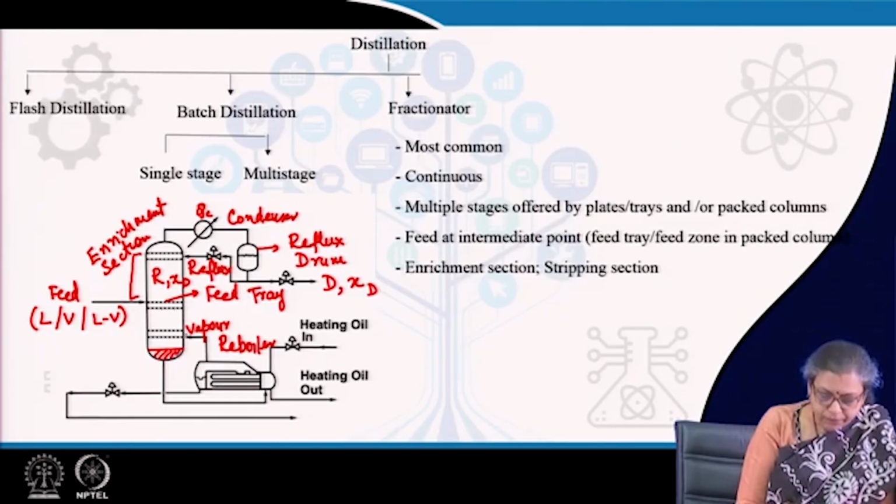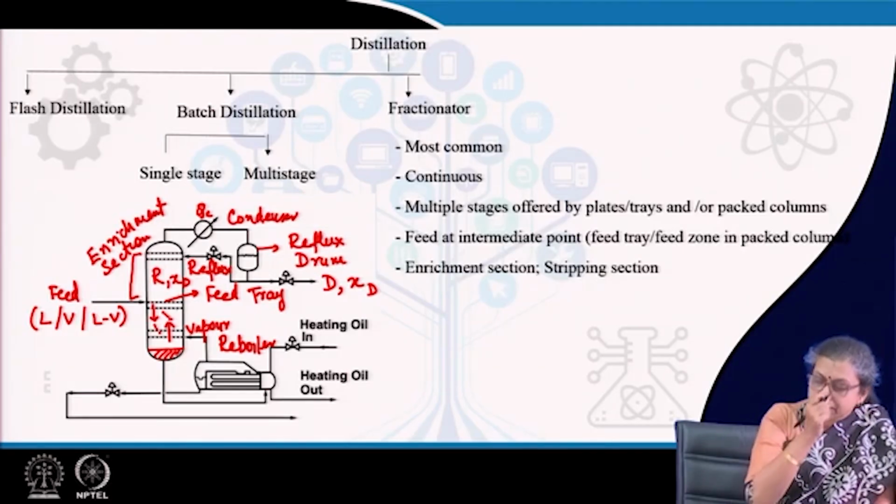This vapor rises up and meets the liquid which is falling down. During this counter-current flow, there is again mass transfer between the vapor and the liquid, and as a result more volatile components move from the liquid to the vapor phase, and less volatile components move from the vapor to the liquid phase.